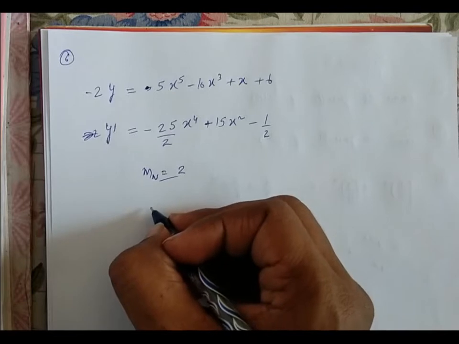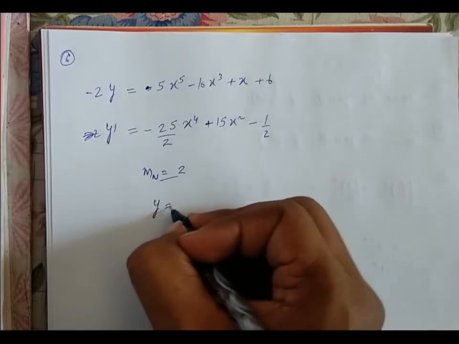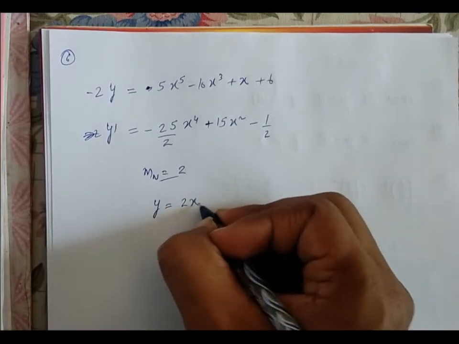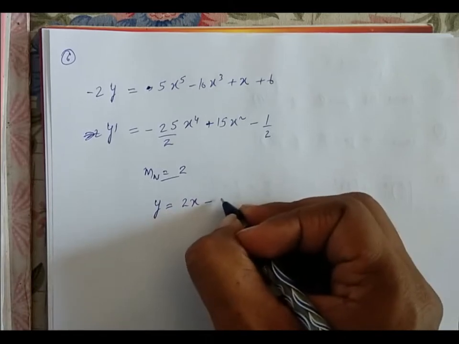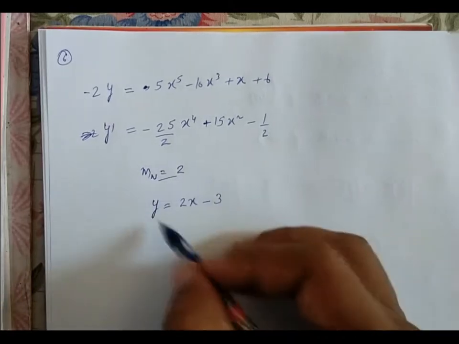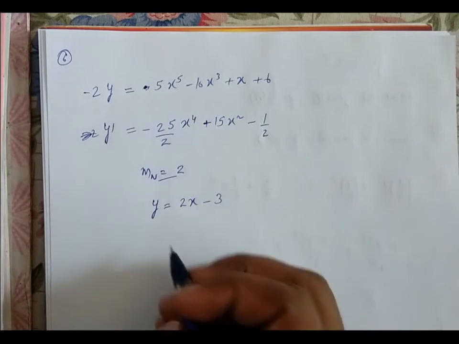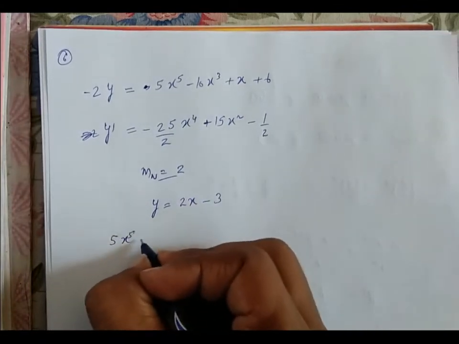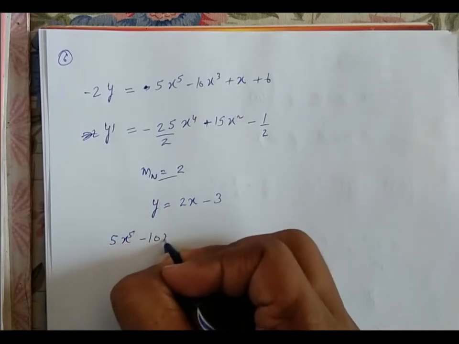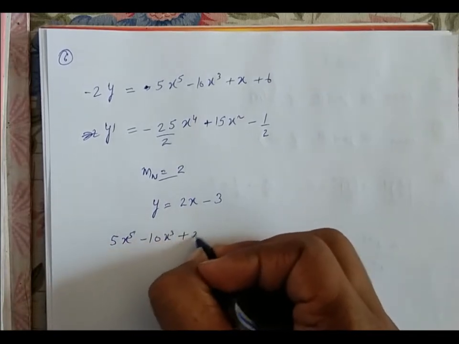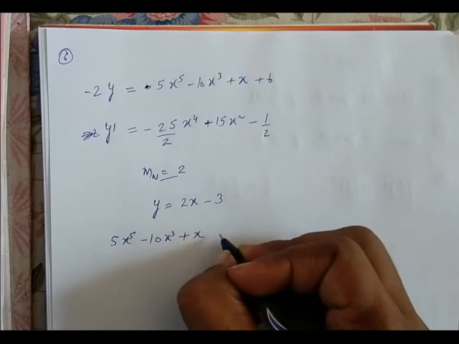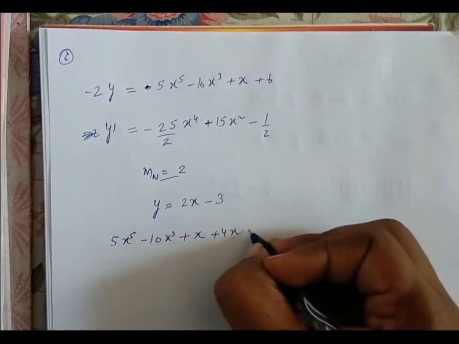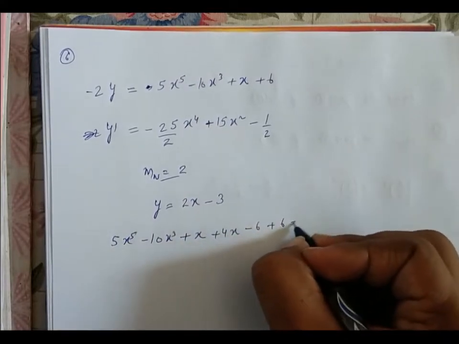Okay, the equation of the normal would be y is equal to mx plus c. Now solving this normal with the equation of the given curve, we get 5x power 5 minus 10x cube plus x plus 4x minus 6 plus 6 is equal to 0.